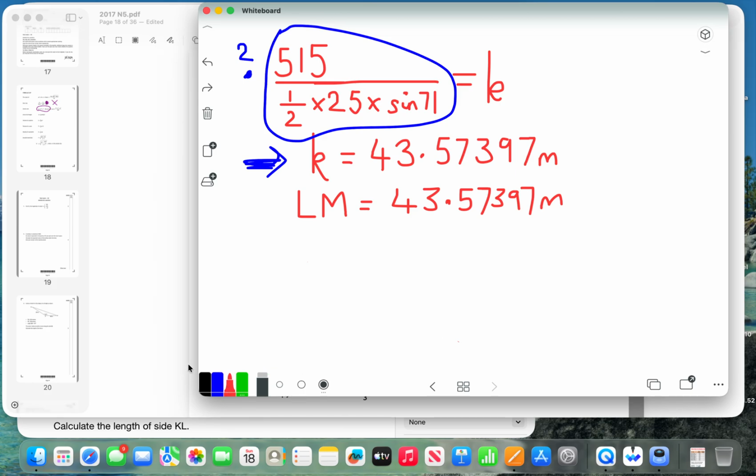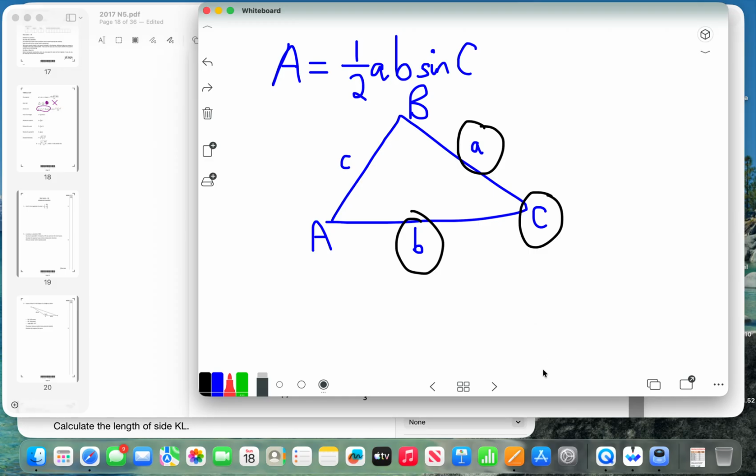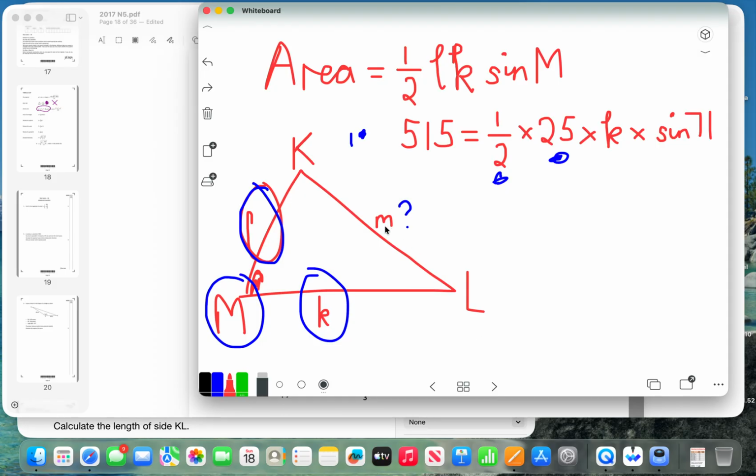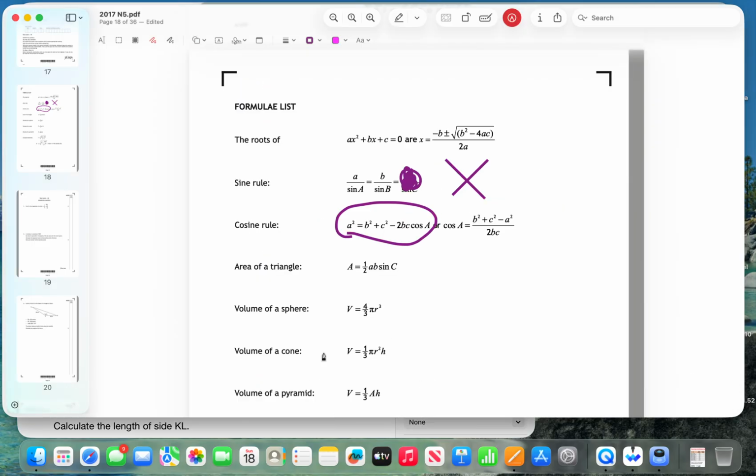We want to adapt the cosine rule to the situation. And the one we want to find is small m. We want to find out the length of small m. So instead of a squared, we want to write m squared. And we can then substitute the other two small letters in place of b and c.